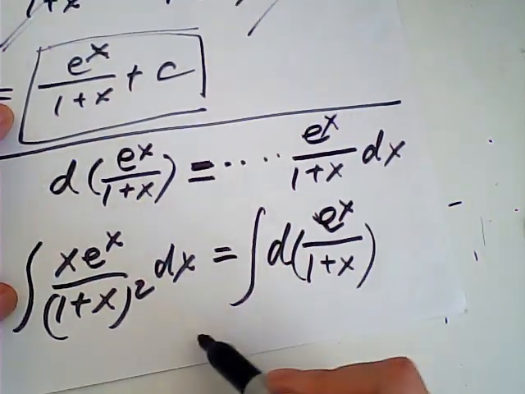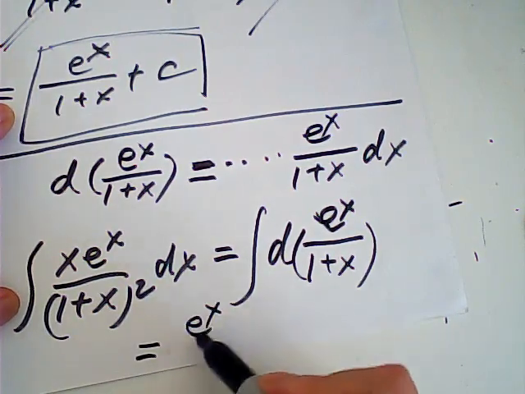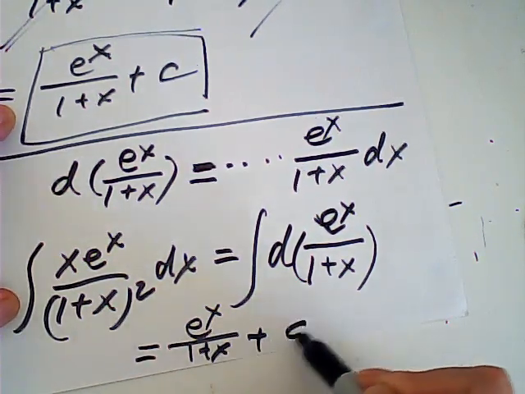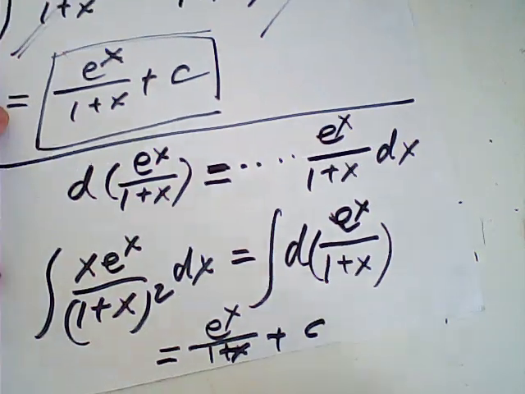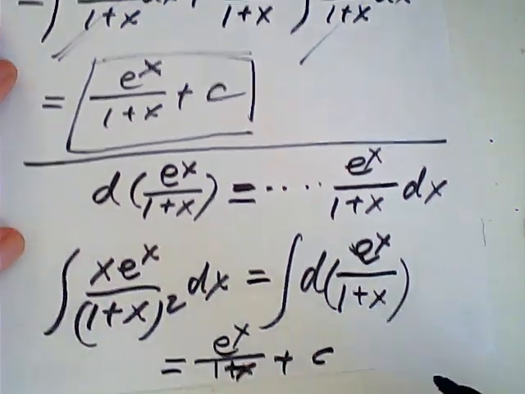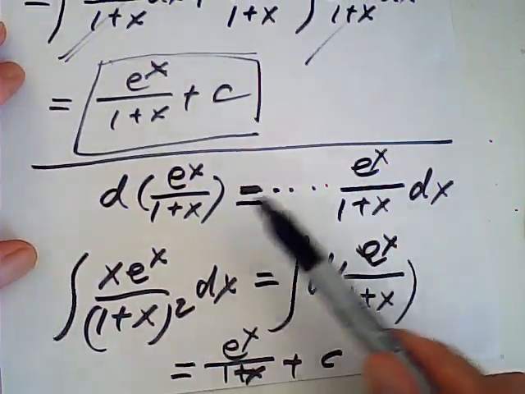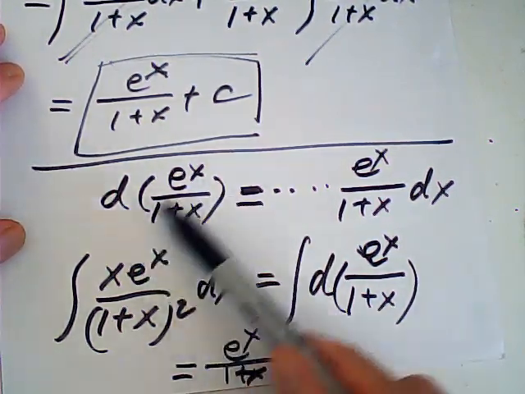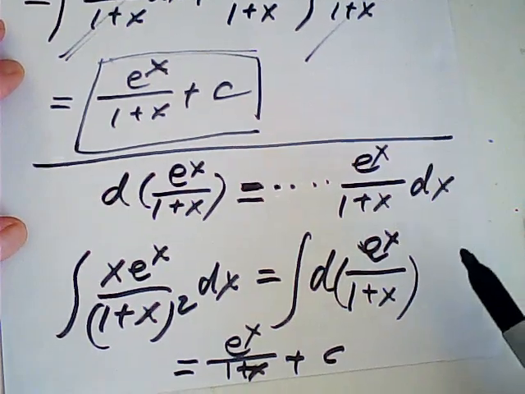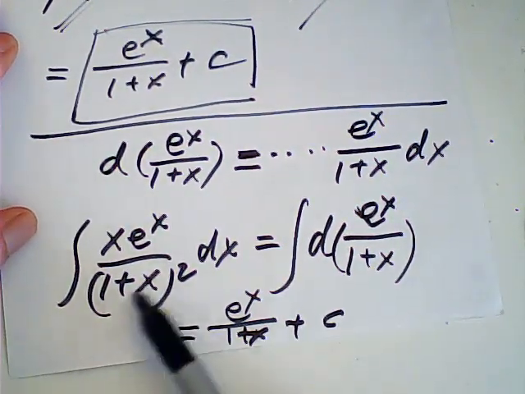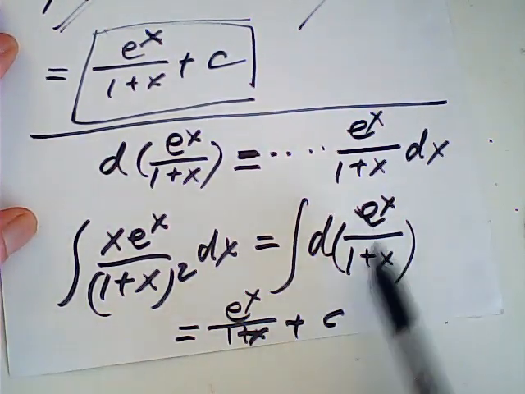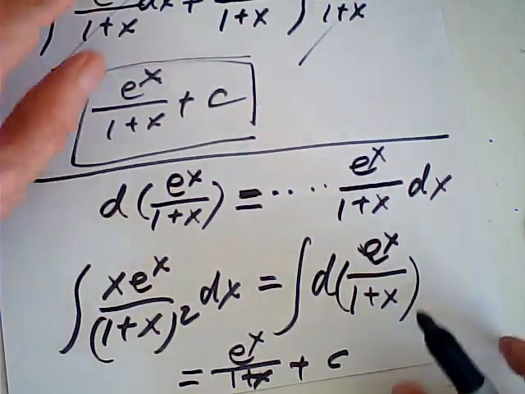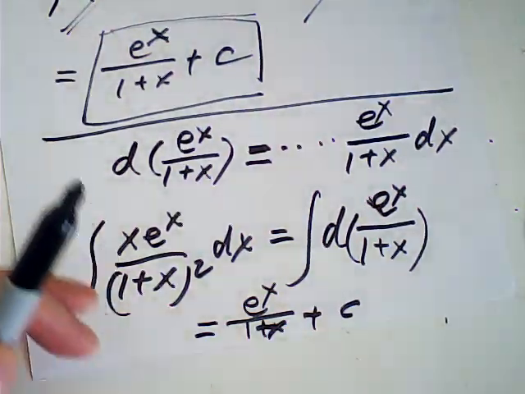Therefore, right away, you get the result e to the x over (1 plus x) plus c. You see, that could be considered a method. If you're really very nice with derivatives, in the first place you can write this integral as this, then the result. Okay, thank you for watching.